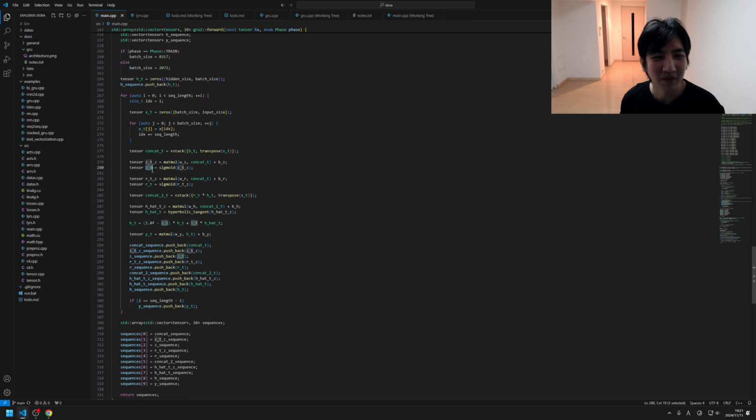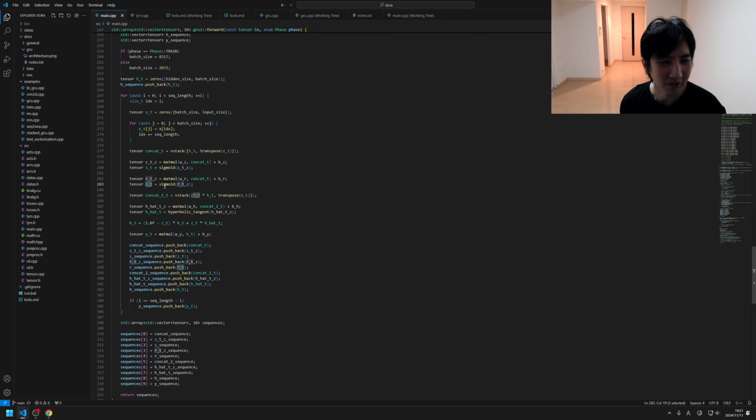But if zt was 0, 1 minus 0 becomes 1, and 1 times the previous hidden state means the previous hidden state stays.